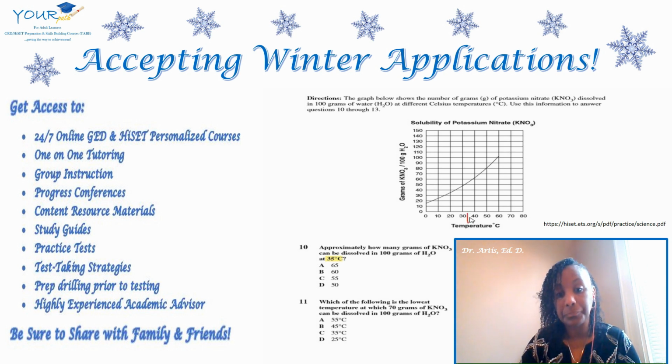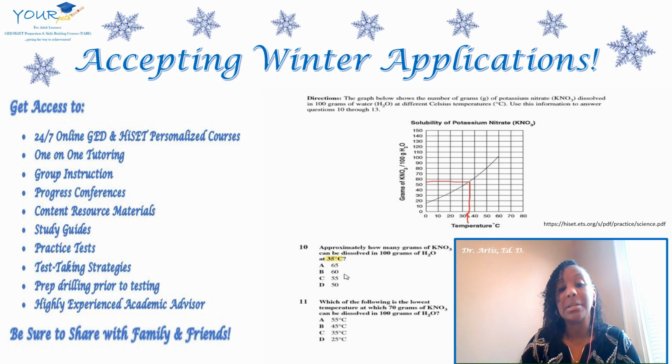Okay, right here. And so when we go up the graph, we see that 35 degrees Celsius is here. This is the point. And then when we go across it, we see that it lines up with 55 grams of potassium nitrate dissolved in 100 grams of water.